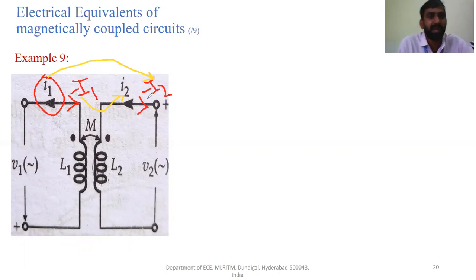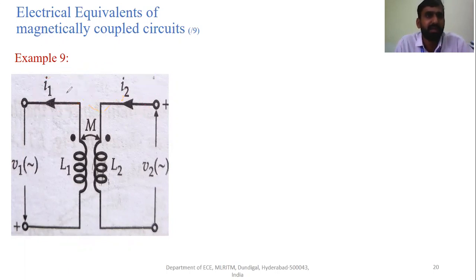If you consider any of the ways, the M is going to be positive, right? So let us consider with respect to I1, because the I1 here is negative, the I1 here is positive. So the I1 is reversed here, so let us consider this one only.